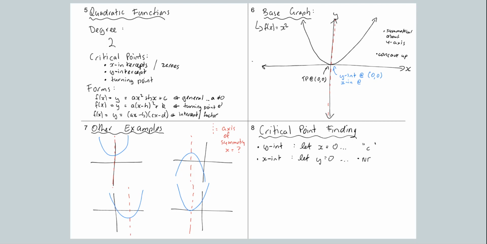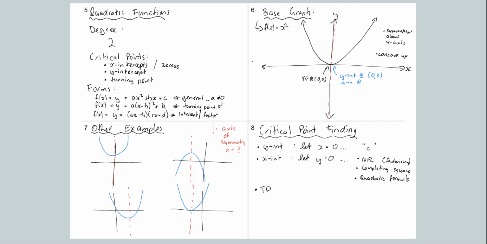So we have the null factor law, for example. So that's from factorizing. We have completing the square. And we have the quadratic formula. So all of those things that you used last unit, you'll need to use again this unit. And it's probably the more complex part of the job is finding those x-intercepts. The y-intercepts are relatively easy.